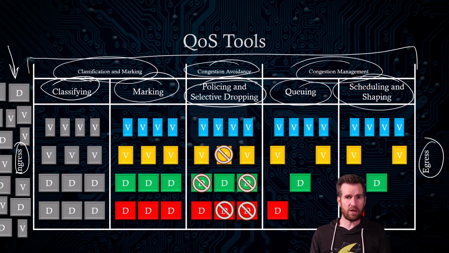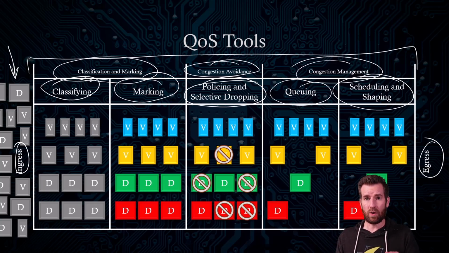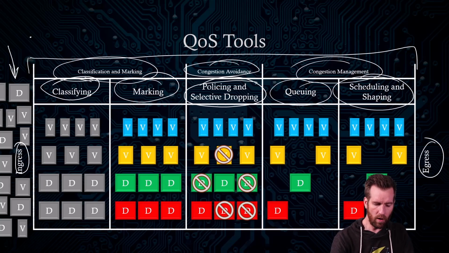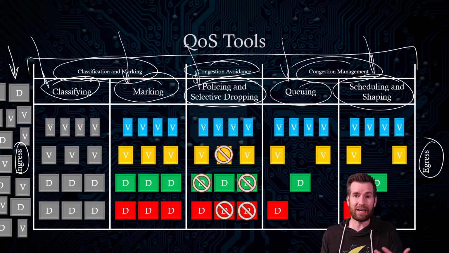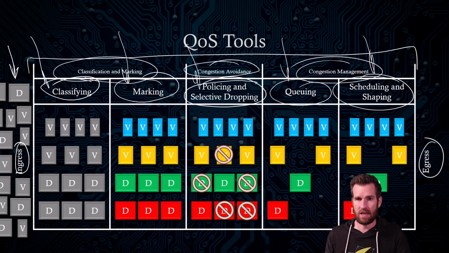What this video is going to do is a quick overview of each one of these categories and what's happening in each one. Then we're going to have other videos in this module that get more in depth into each one of these. So let's get into what these different categories are and what they mean.